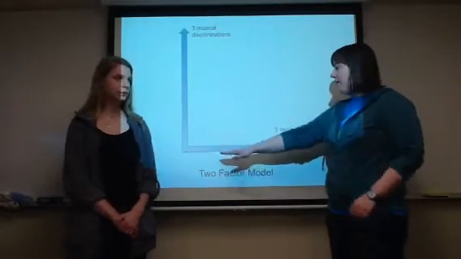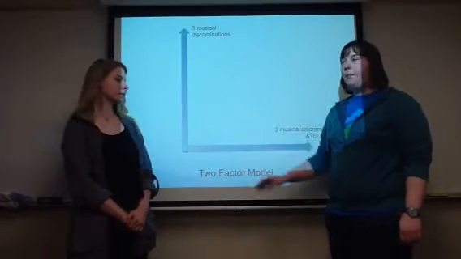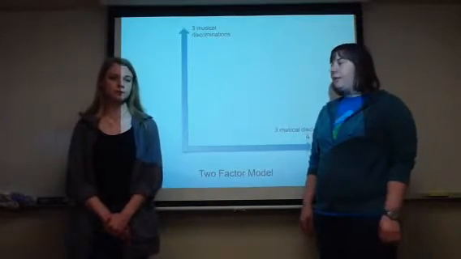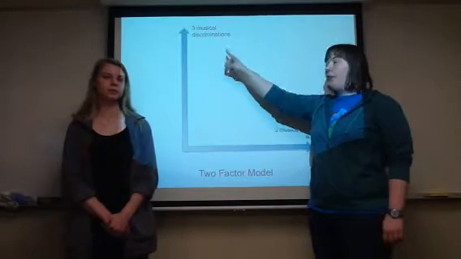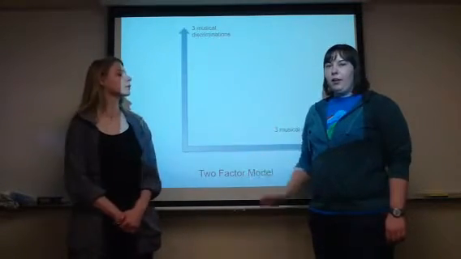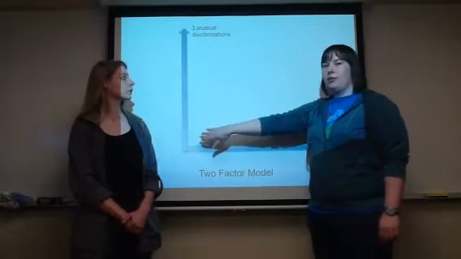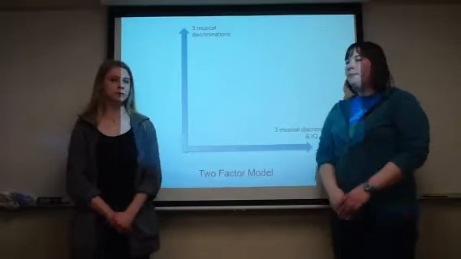And so that factor goes on the horizontal line at the bottom of the model. However, they also found an additional genetic factor that correlates the three musical discriminations with each other, but not with IQ. So this genetic factor is represented on the vertical line, creating this two-factor model.